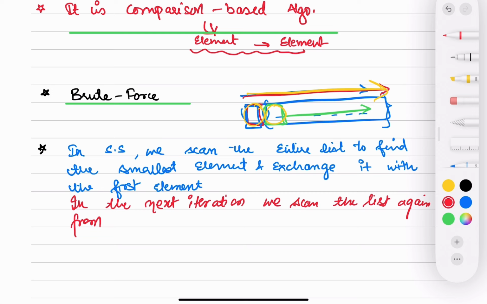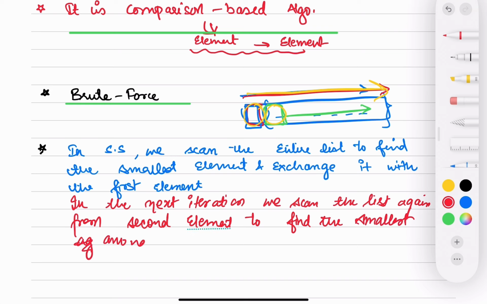So in the next iteration, we scan the list again from the second element to find the smallest among the left out elements, that is n minus 1 elements. So in the second iteration, I'm going to pass and see whether I have any smaller element present there or not.